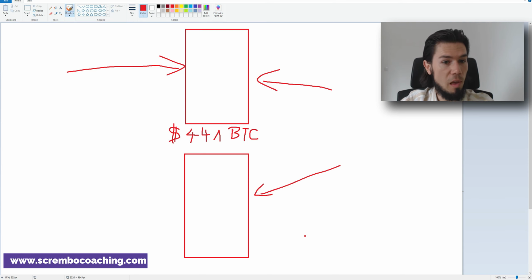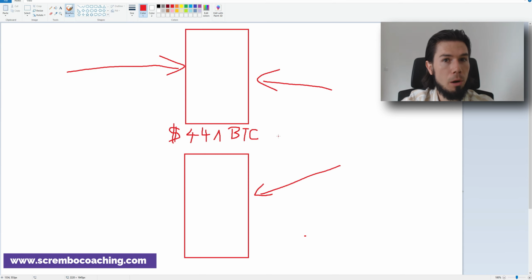The ones that are selling are always higher than the live price because those are people who have decided to make an order. They're willing to sell Bitcoin at any price above 441, at any price above the live price, right? So above the current market price.